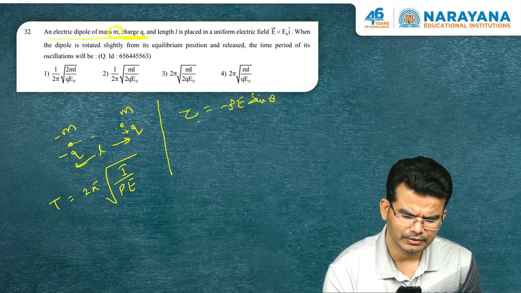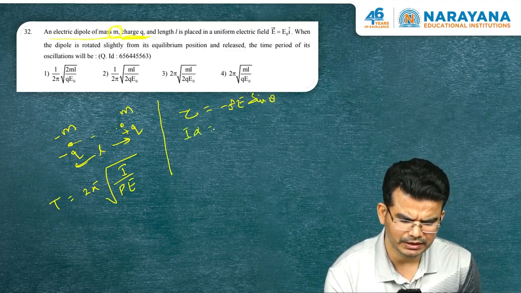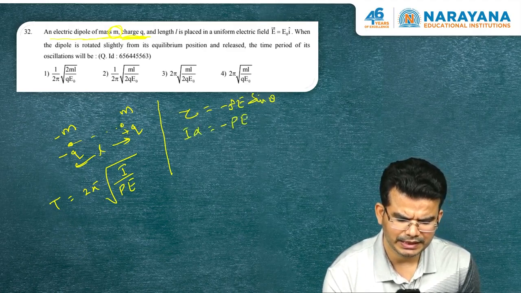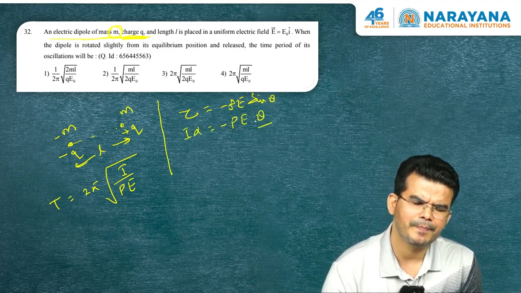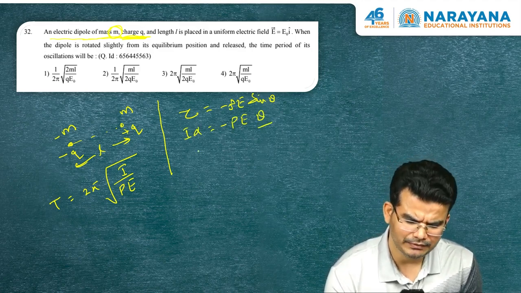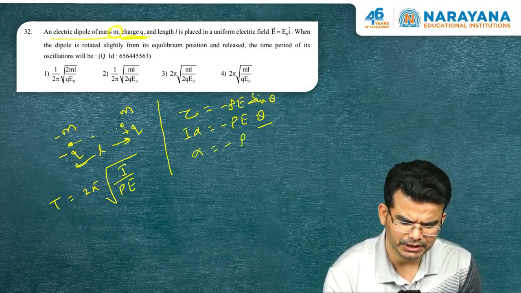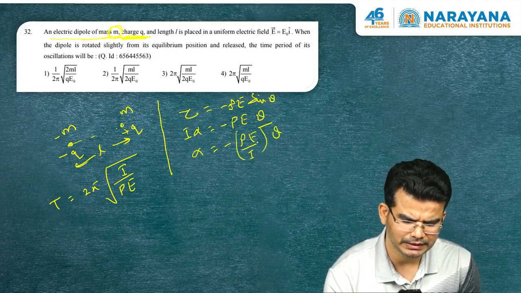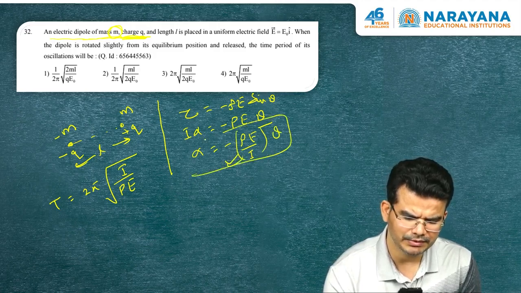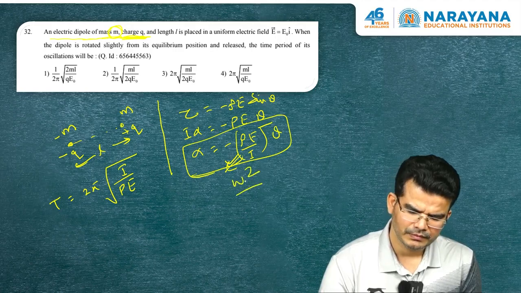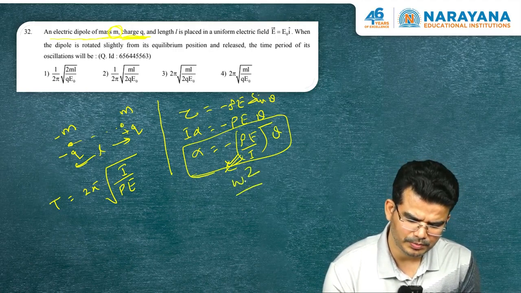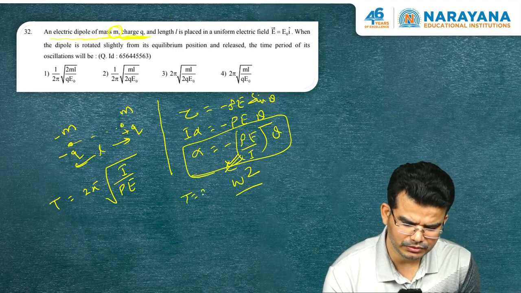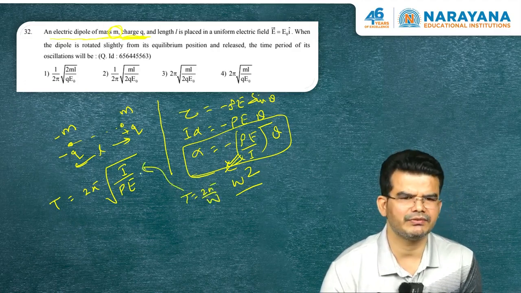Torque equals I alpha equals minus pE sin theta, which will be theta for small angle, and from here alpha equals minus pE by I theta. This is an SHM equation and pE by I is your omega square. So time period is 2 pi by omega, and that is what I have written here. Directly you remember the formula, there is no issue.